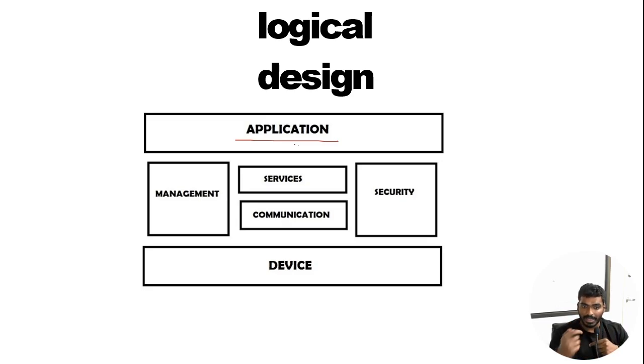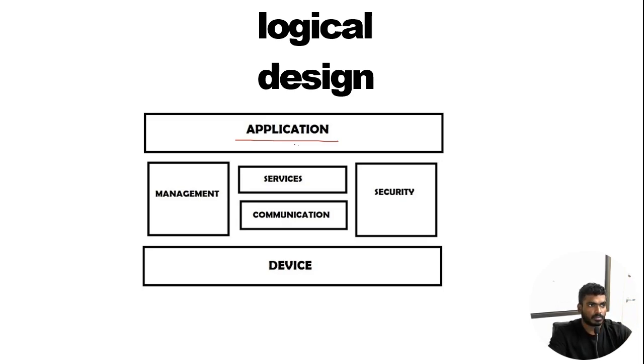For example, a weather app receiving real-time data from sensors, or a smart home app controlling lights, thermostats, or security systems. The app we are using is the end-user interface, so it is the application layer.